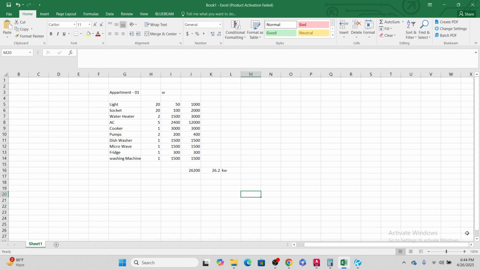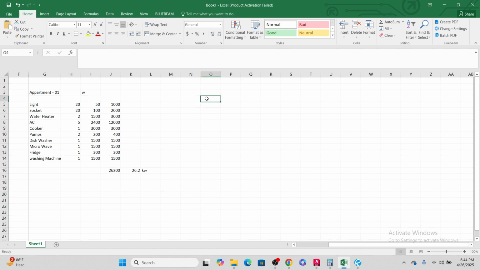I have a building here. So this is apartment A. Let's put B here. I forget how to do that one.